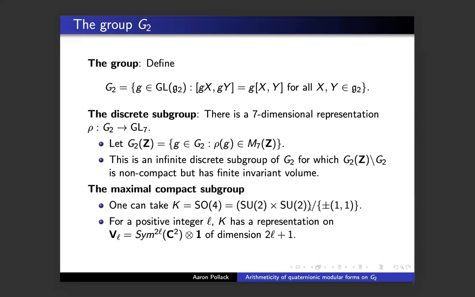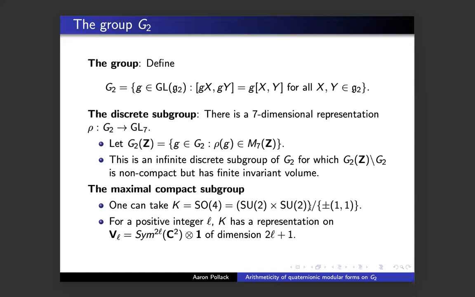So it's a map rho from G2 into GL7, and I can just take the 7x7 matrices with integer entries, and I let G2 of Z be the g in my real Lie group G2 such that when I push them over to GL7, I get an integer matrix. So this gives me a nice subgroup of G2, and it has the property that it's infinite. On the other hand, if I take G2 and mod out by this subgroup, I get something that's non-compact, but at least has finite volume.